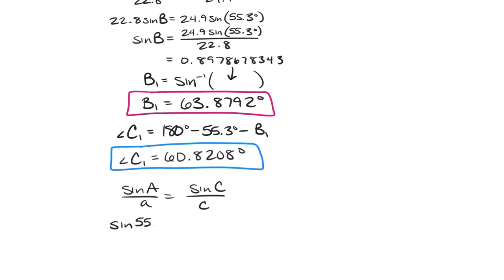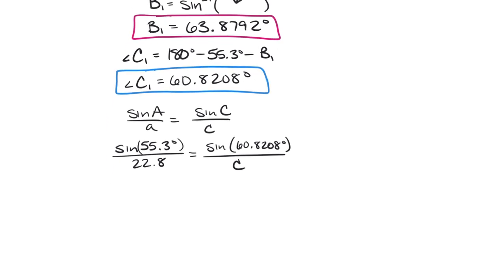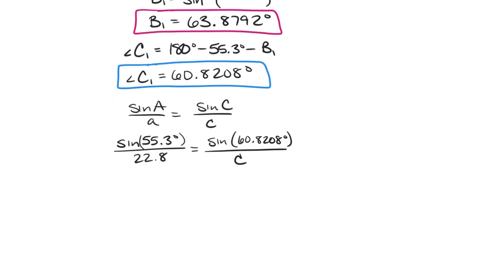Sine of 55.3 degrees over 22.8 feet equal to the sine of 60.8208 degrees divided by little c. Cross multiply and divide.